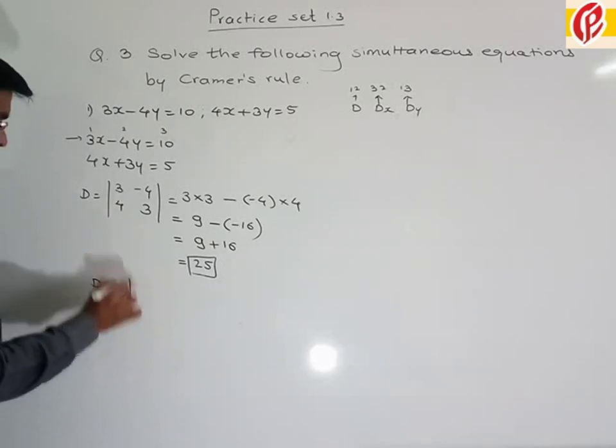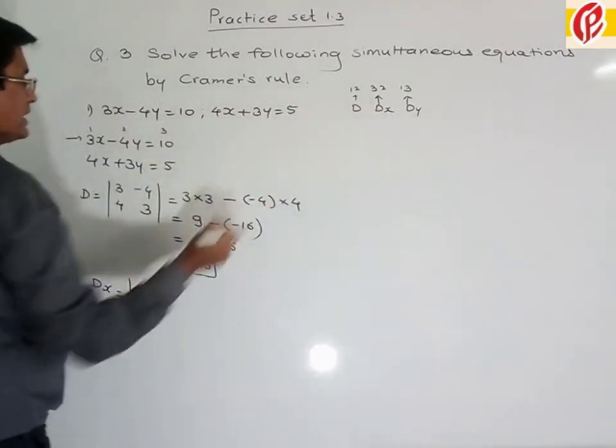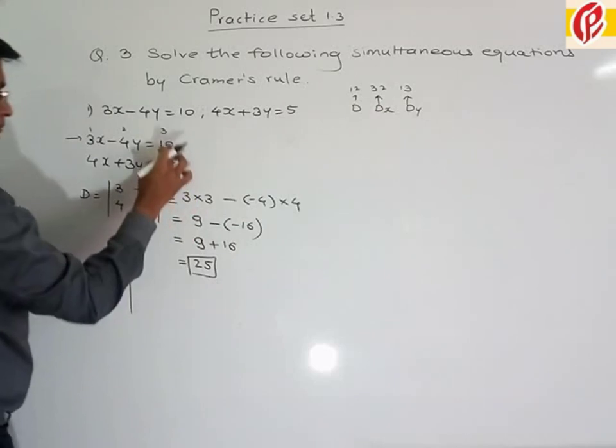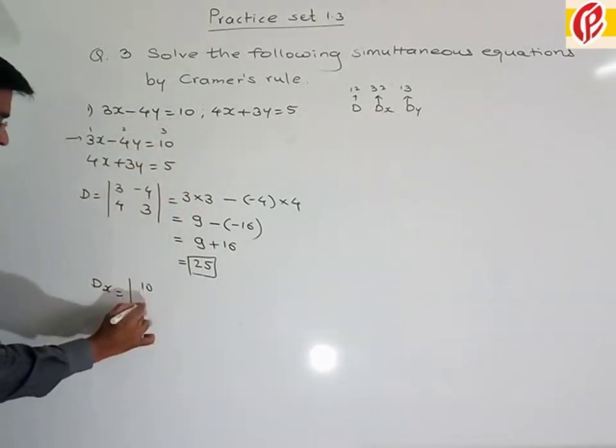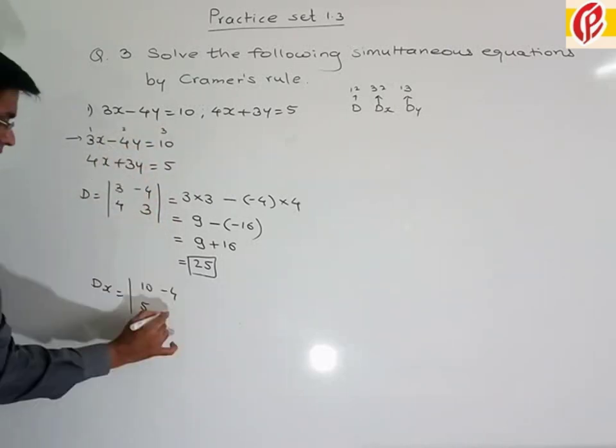Then we'll find the determinant dx. So dx means this dx. So what is the formula of dx? 3, 2. 3, 2 means 10, 5 and 2, minus 4 and 3.